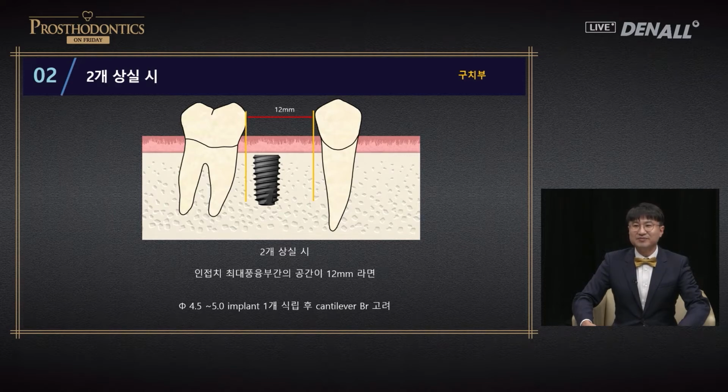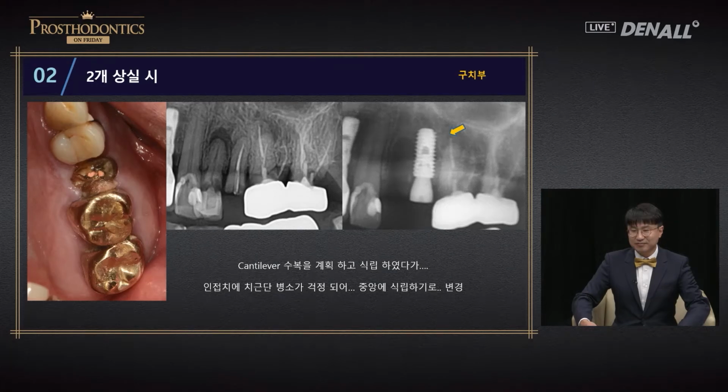Can I ask you a question? Yes. In the past, if a molar was missing and the space was sufficient, you would place 2 implants on the mesial root and distal root, and if 2 molars were missing, you would consider tripodism and place 3 implants.